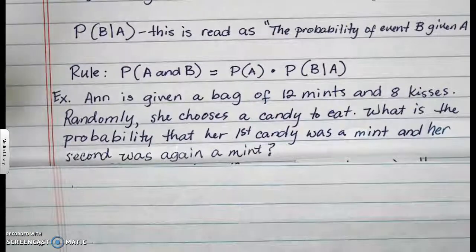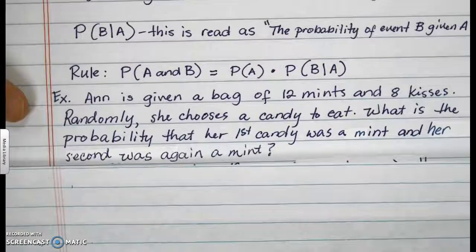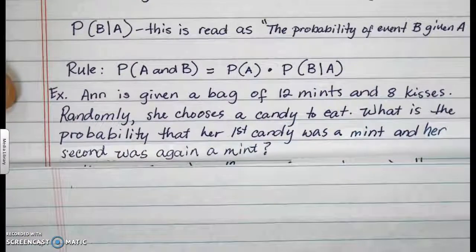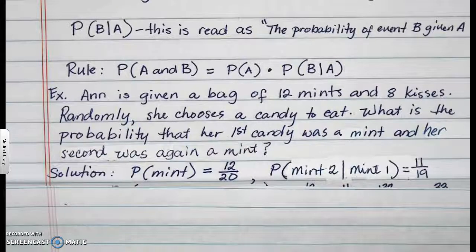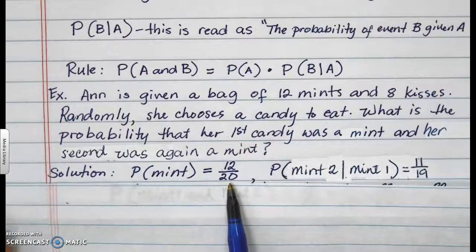An example. Anne is given a bag of 12 mints and 8 kisses. Randomly, she chooses a candy to eat. Now, what is the probability that her first candy is a mint and her second was again a mint? So, let's calculate. The probability of getting a mint the first time is 12 over 20.